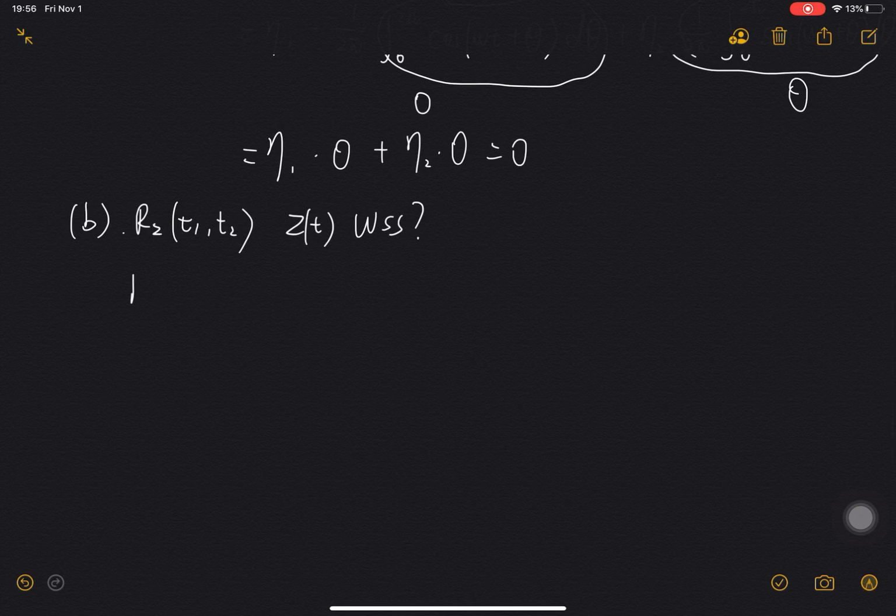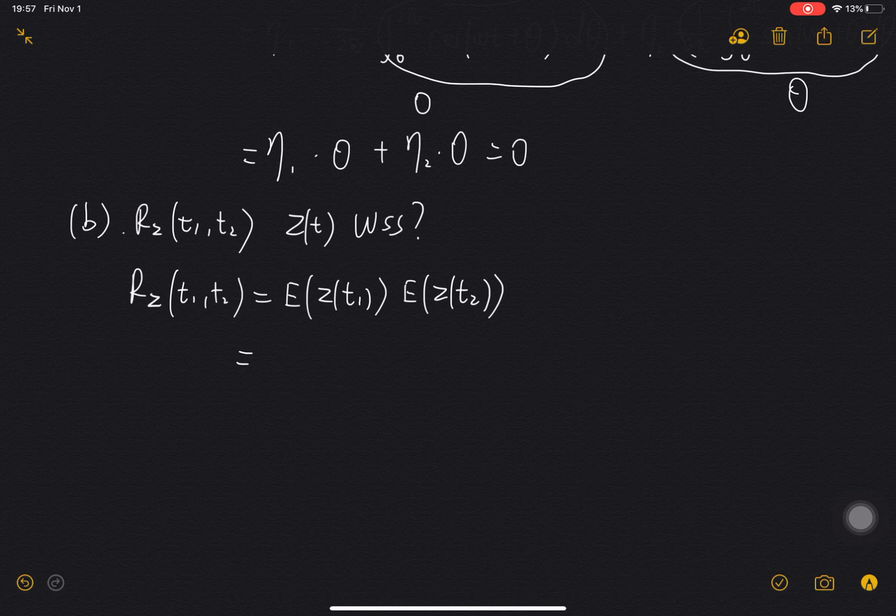So as we all know, the R_Z(t1, t2) can be written as the expectation of the product of z(t1) and z(t2), something like this. It's a very long part.